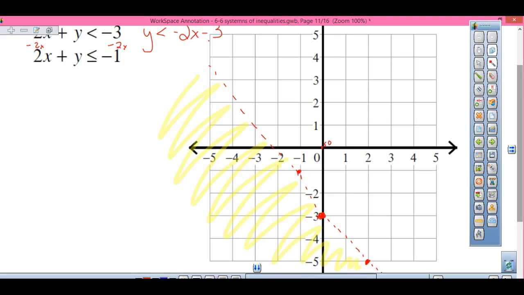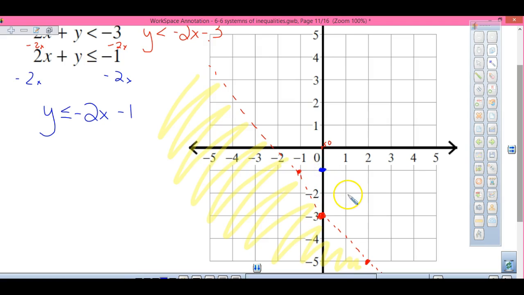Okay, my other equation, what do I have to move? Negative 2x. So y is less than or equal to negative 2x minus 1. So starting point is negative 1, down 2 over 1, down 2 over 1.